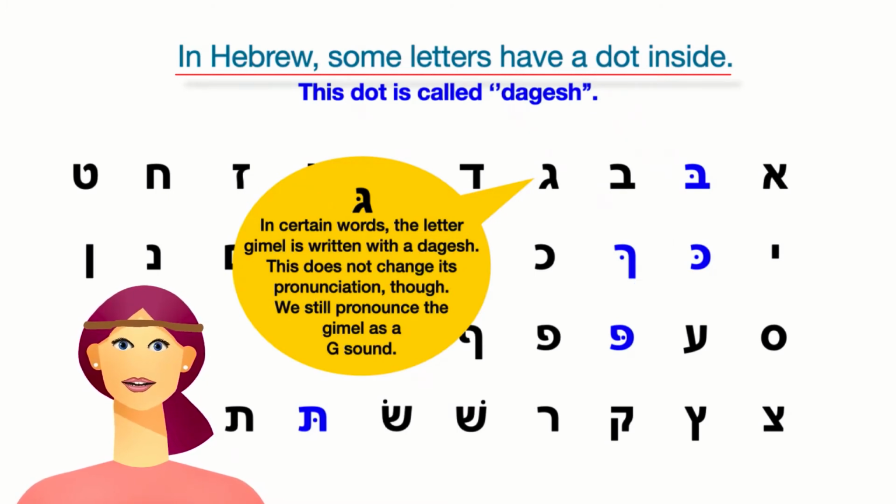Later on, you'll see that the dot in the letter Pe tells us to pronounce a P sound. However, when the letter Gimel has a dagesh, the pronunciation does not change. So, whether it has or doesn't have a dot, we pronounce Gimel as the G sound of the word give. In a future video, you'll also see that the dagesh in the letter Tav does not change its pronunciation.